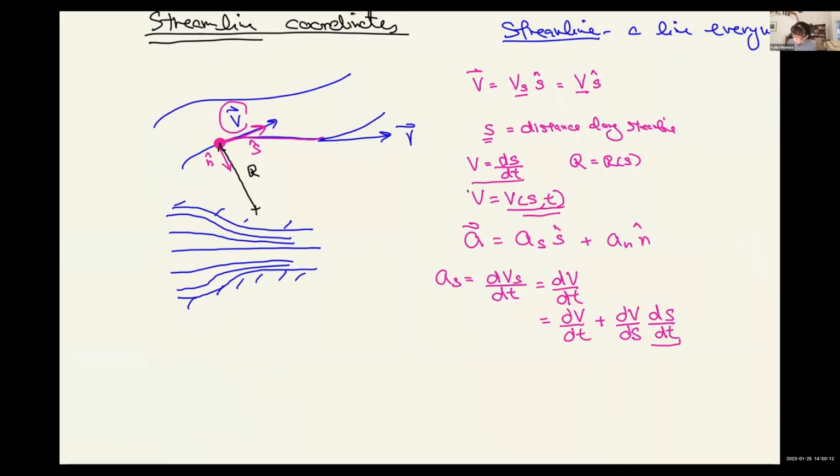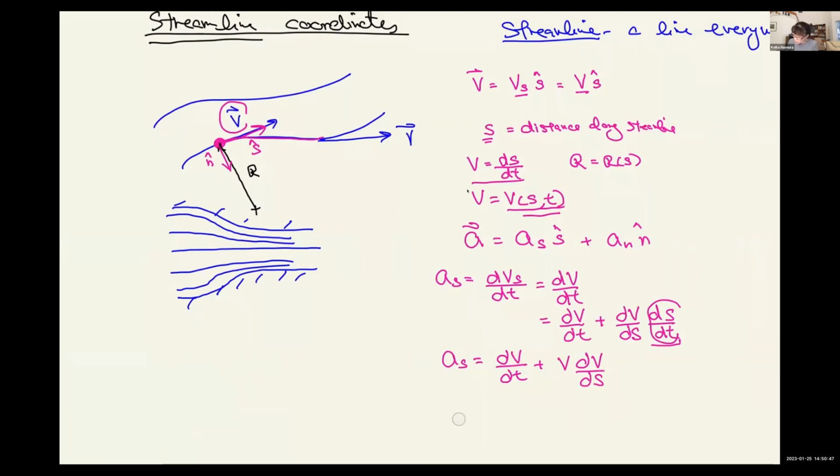So in general, our acceleration in the S direction can be written as partial V partial T, plus V, which is ds dt, times partial V partial S, to account for the change in the magnitude or the speed of the fluid in time and along the coordinate S. And then the normal component is going to be the centrifugal acceleration.